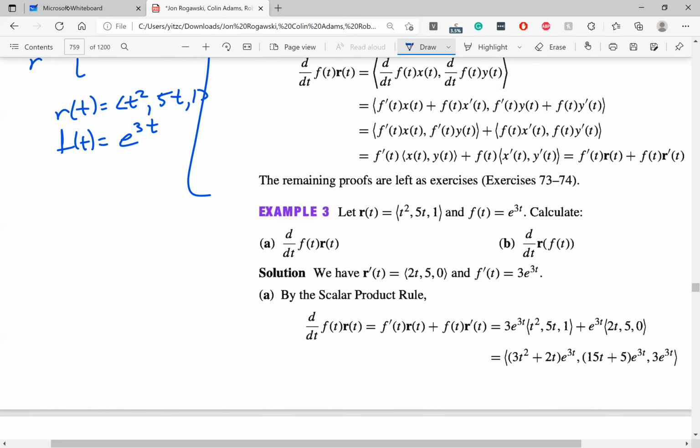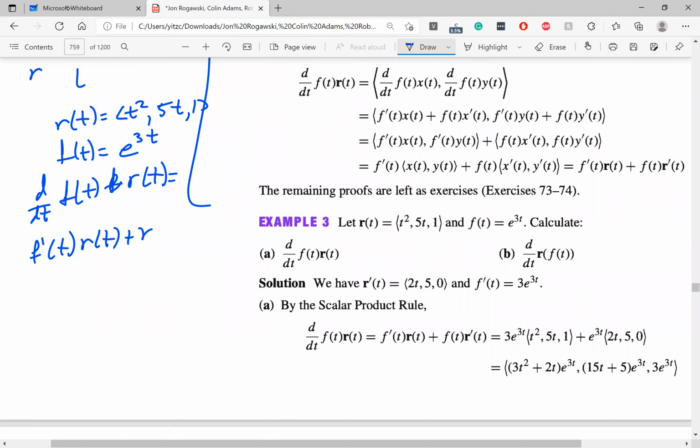So the question was, what is the derivative of f of t, r of t? Well, we know that this is just f prime of t, r of t, plus r prime of t, f of t.